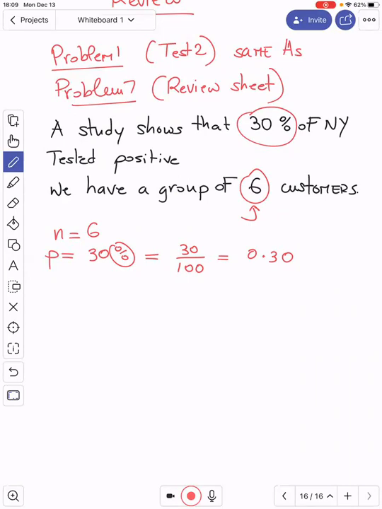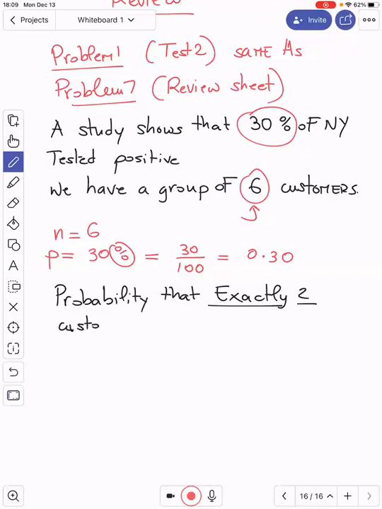The first question is, what's the probability that exactly 2 customers have COVID-19 antibodies in the blood?